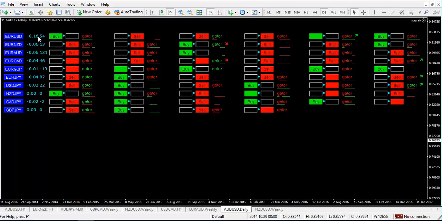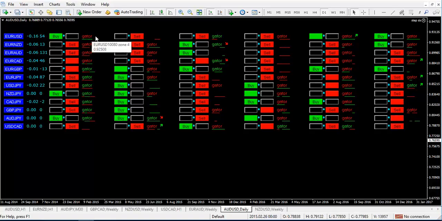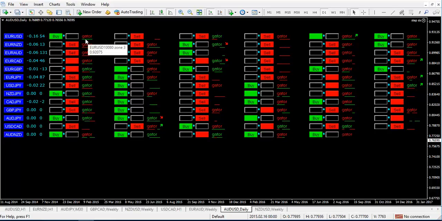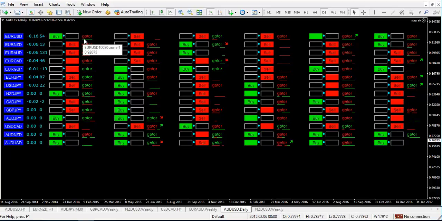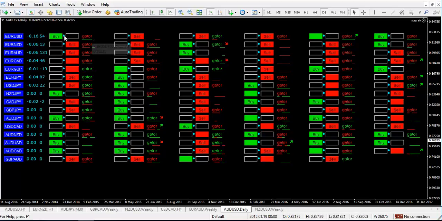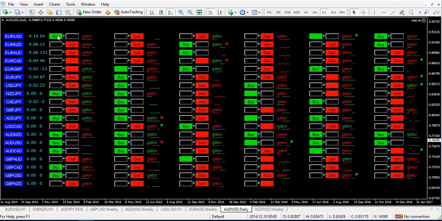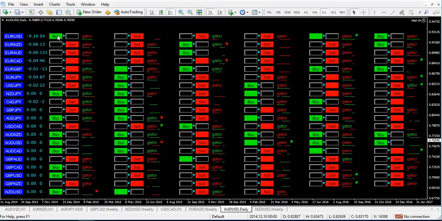You can see on the EUR-USD, even though we have an alligator that's going down, the awesome oscillator and accelerator have been going up, and the ALMA evidently is going up. Like I said before, some of this is common sense. You'll begin to relate.